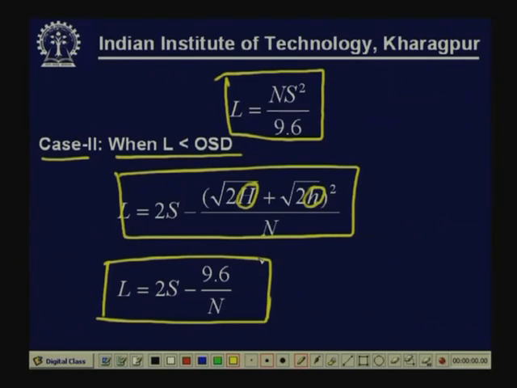So, that means basically when the curve length is greater than the sight distance and when the curve length is lesser than the sight distance, the equations are different. But the basic equations are not different for stopping sight distance and overtaking sight distance.